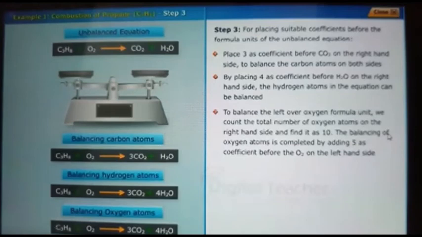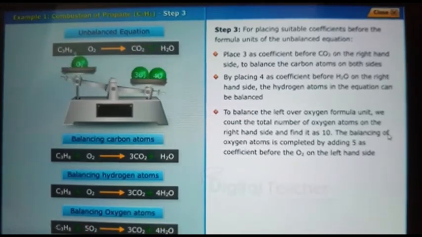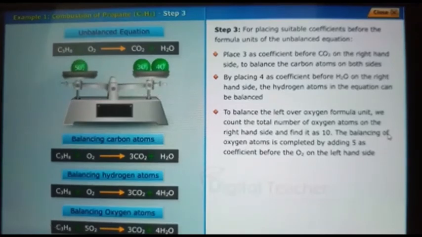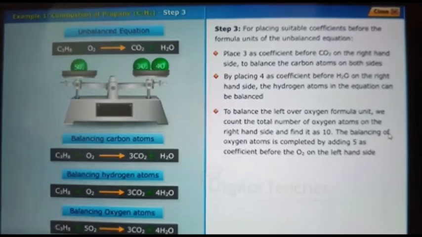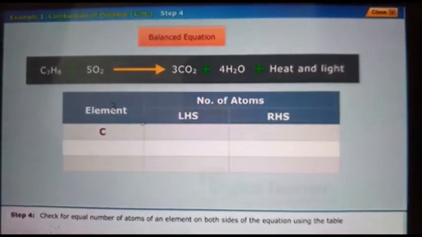To balance the leftover oxygen, we count the total number of oxygen atoms on the right hand side and find it as 10. The balance of oxygen atoms is completed by adding 5 as a coefficient before oxygen on the left hand side. Step 4. Check for equal number of atoms of an element on both sides of the equation using the table.